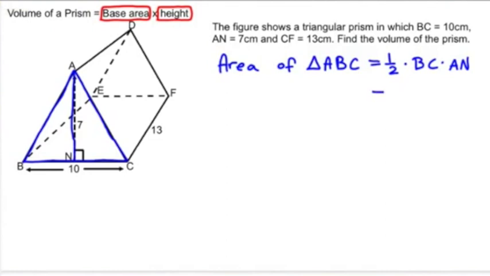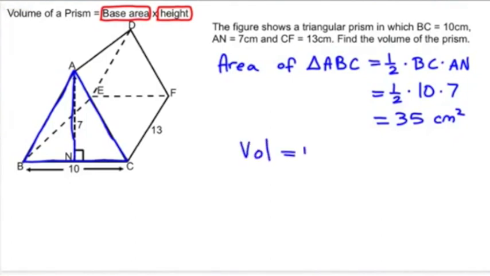And that's going to get me 1/2 times 10 times 7, which is 35 square centimeters. But that doesn't get me my answer, because if you remember, the volume of the prism is equal to the base area times the height.